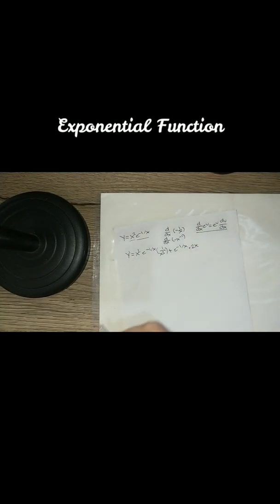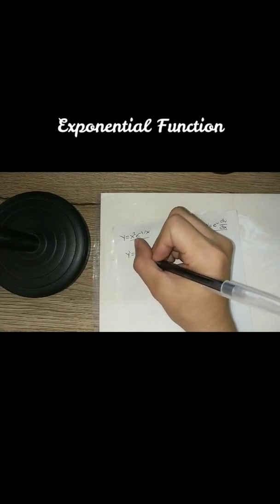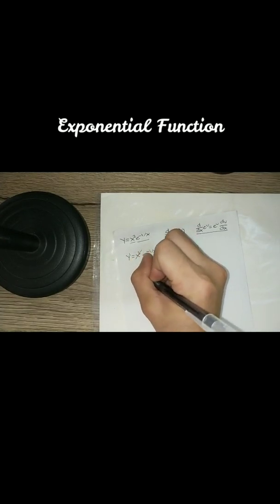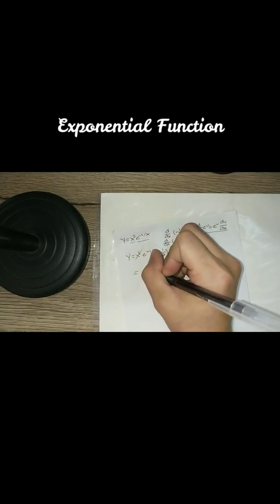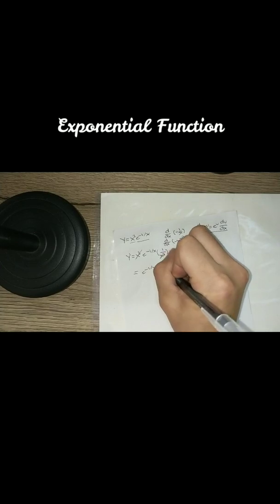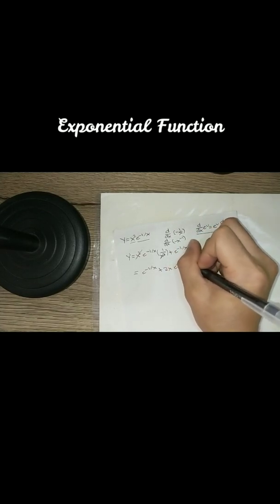Now cancel the x squared, and this equals e to the negative 1 divided by x plus 2x e to the negative 1 divided by x.